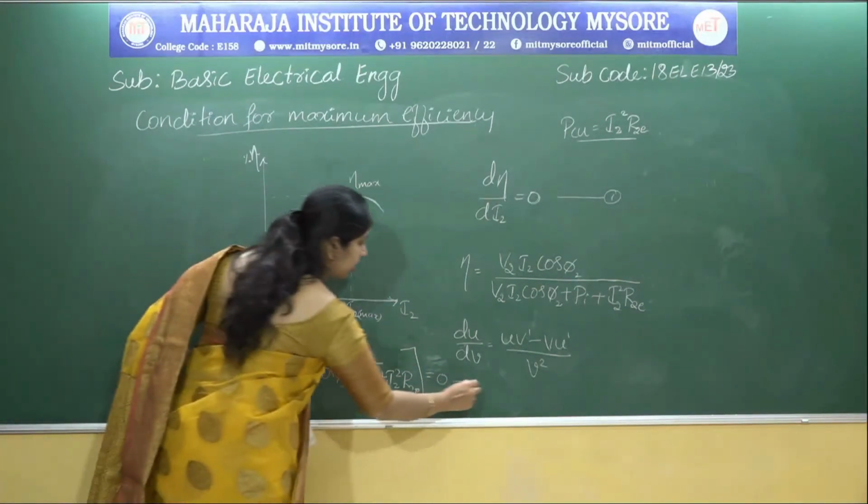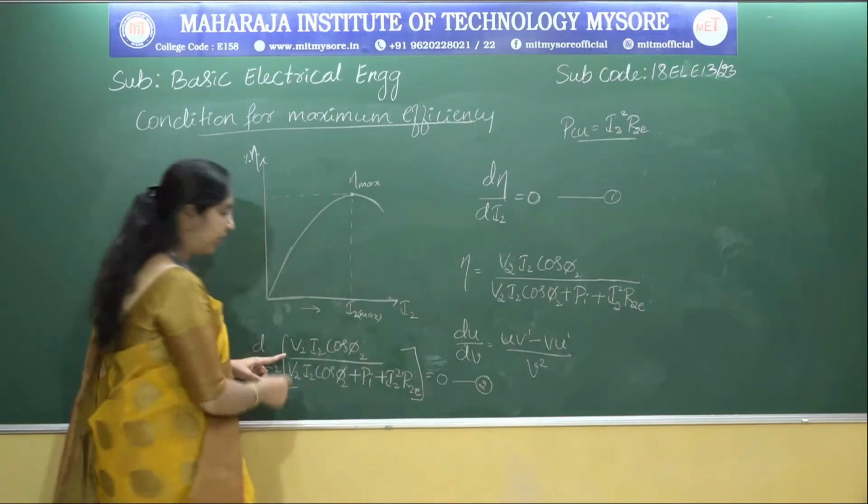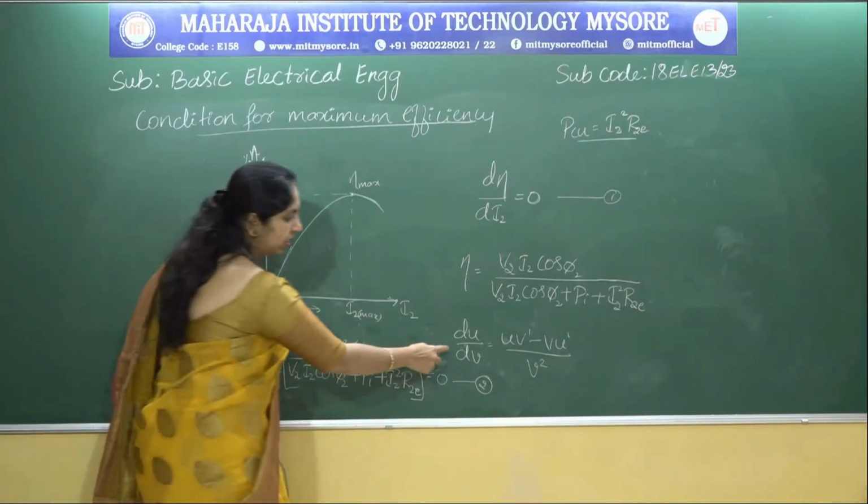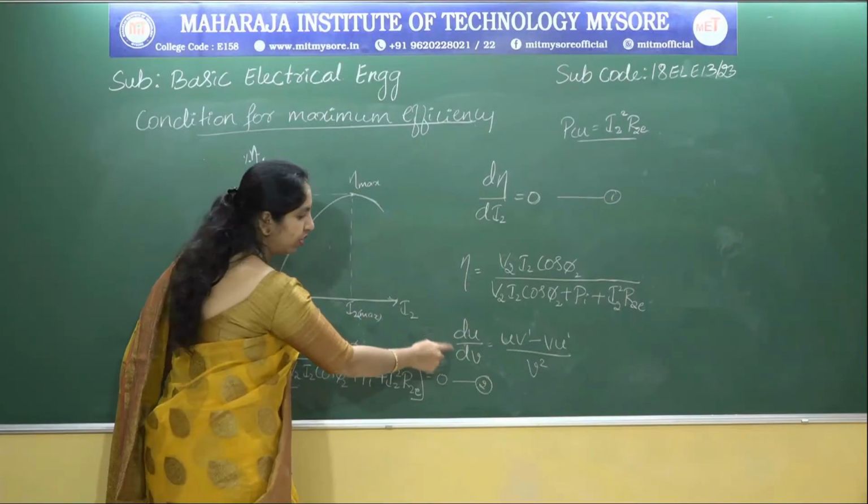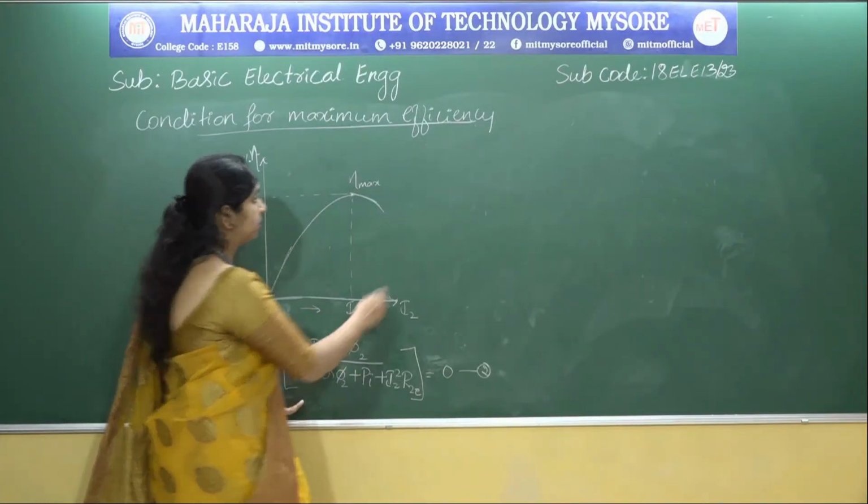Let us call this equation 2. Now we need to simplify this expression according to the function d(u/v). How can we simplify it?